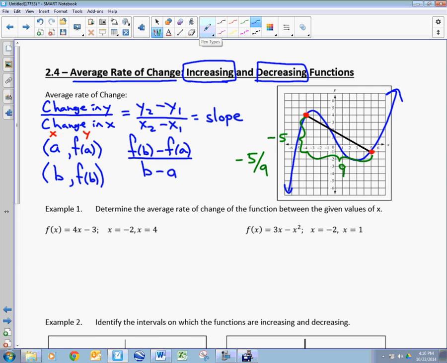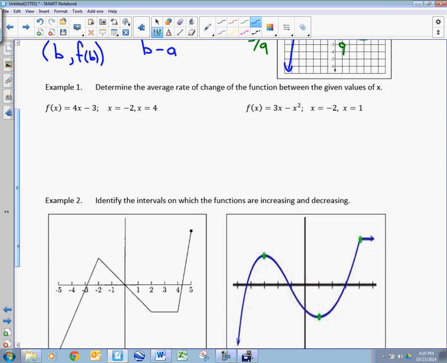Let's do some basic problems. Determine the average rate of change of the function between the given values of x. f of x is equal to 4x minus 3. We want to determine the average rate of change between these two values. So what I want to set up is my two coordinates, -2 and 4. So I have A and I have B. The question is, what is f of A?